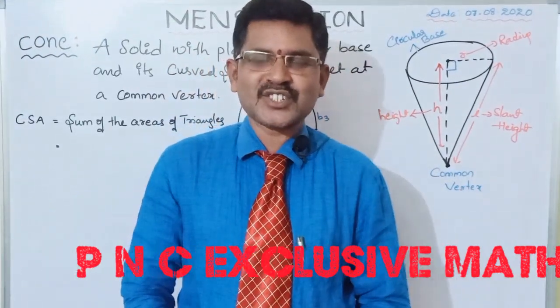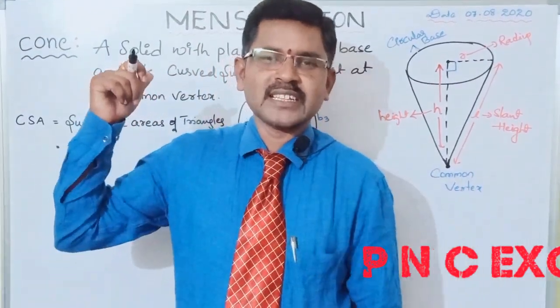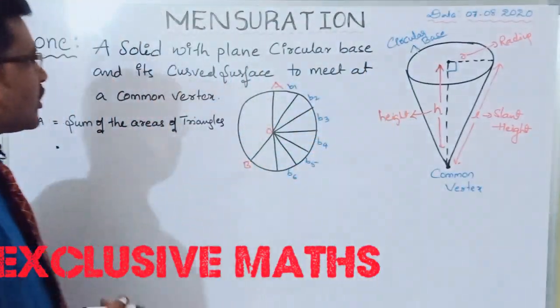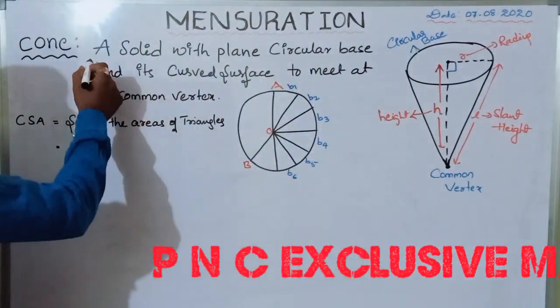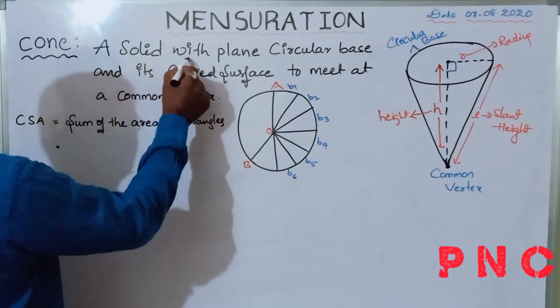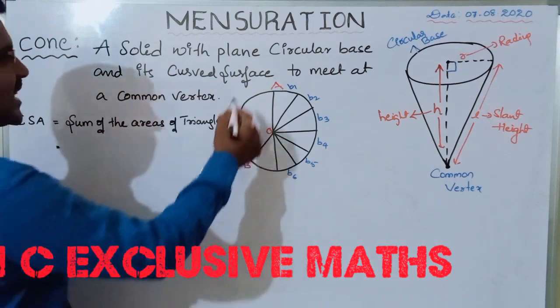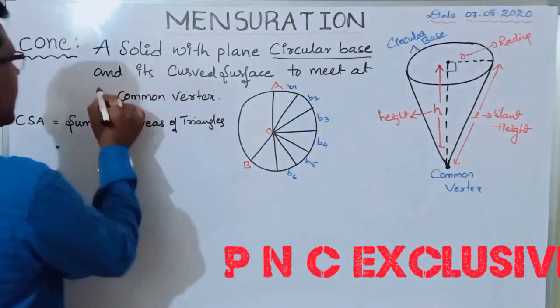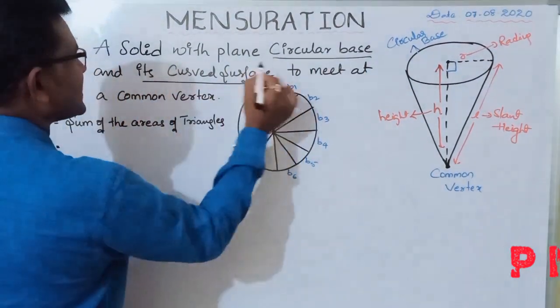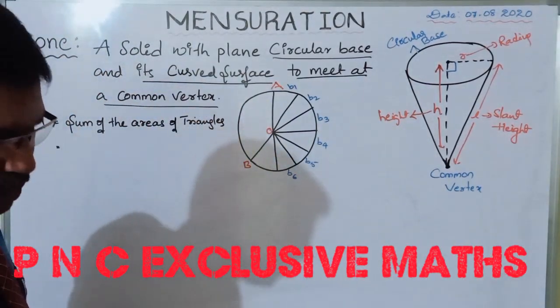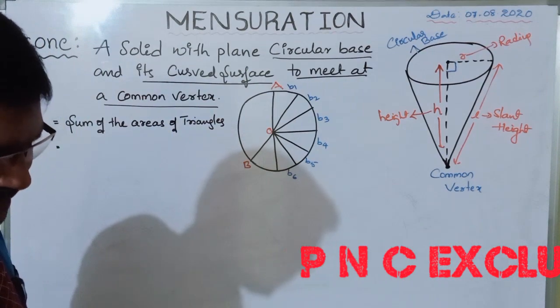Now let us know about one more three-dimensional figure, that is the cone. Let us understand the definition first. A solid with a plane circular base and its curved surface meeting at a common vertex.